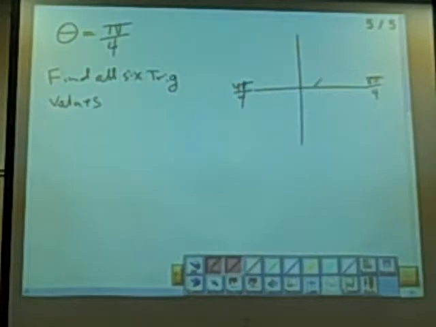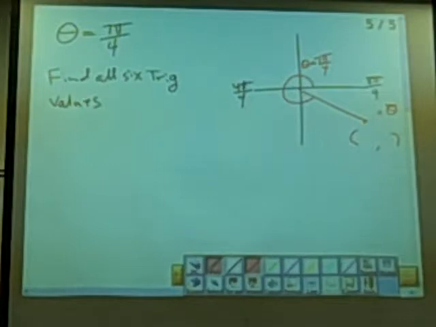So that means our angle goes all the way around, so 7 pi over 4 is going to be in quadrant 4. We need to know what our reference angle is, which we know is pi over 4.